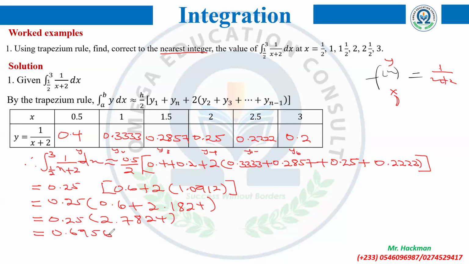But remember, we are asked to take this one to the nearest integer, and that will be 1. So you put in brackets nearest integer to indicate your approximation.